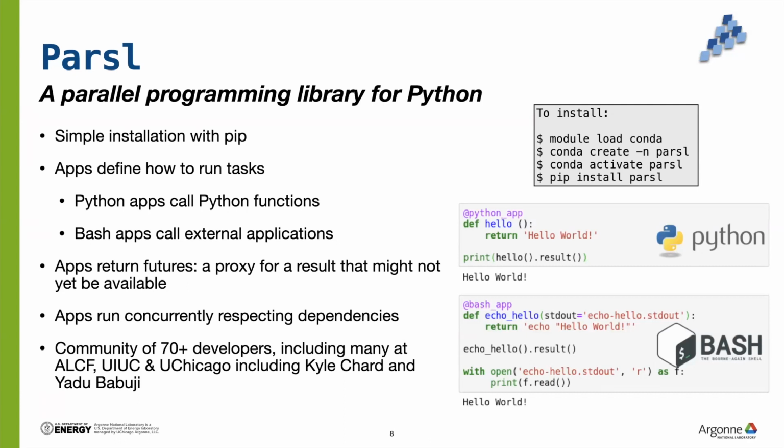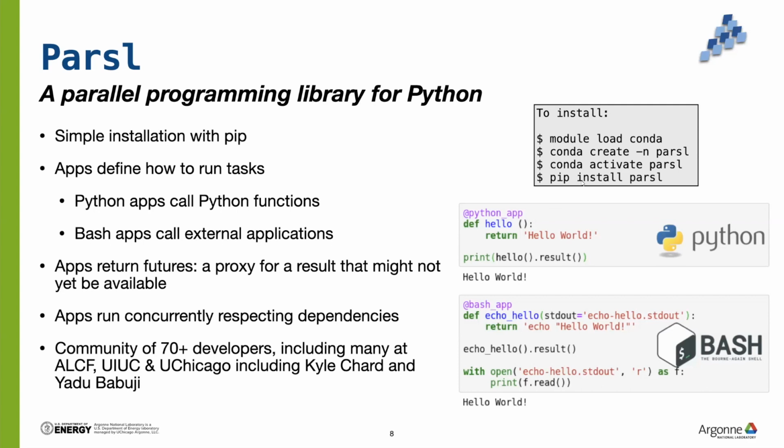Here on the right, I've just given an example of how you would install Parsl in a conda module on Polaris, for example. And here is an example of just a Python app, which just looks like a Python function if you're familiar with Python.